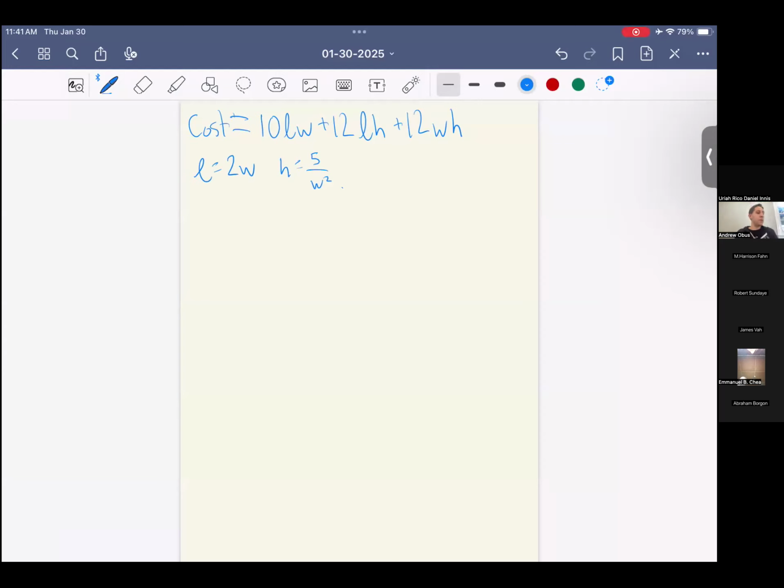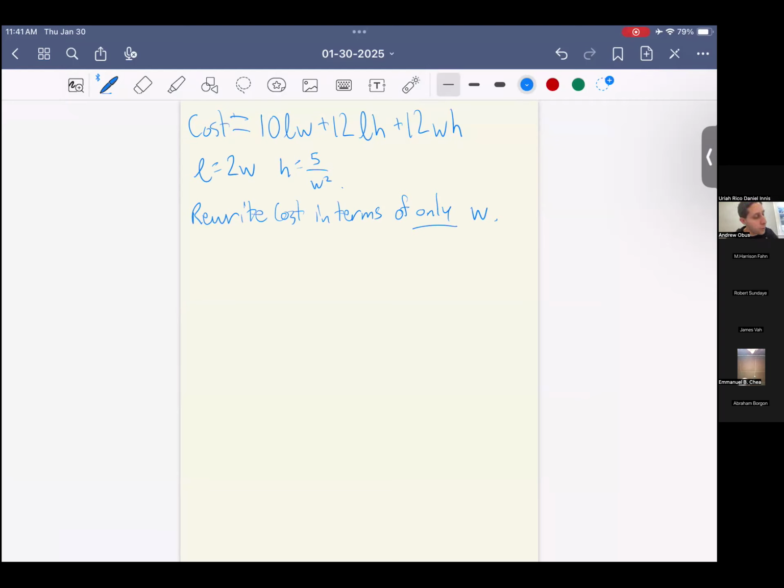We derived both of these. So now what we're going to do is rewrite the cost in terms of only W, only the width.